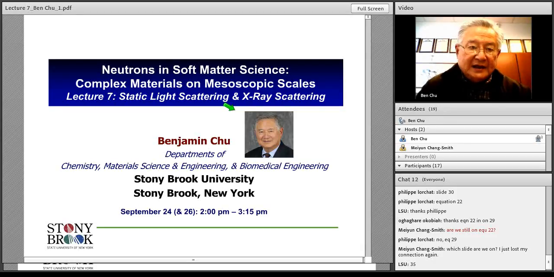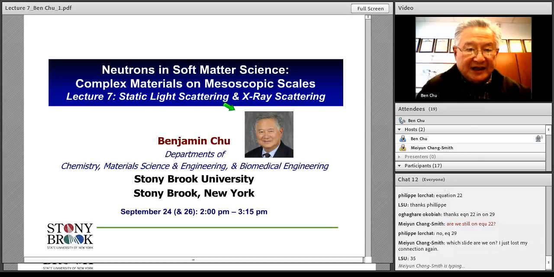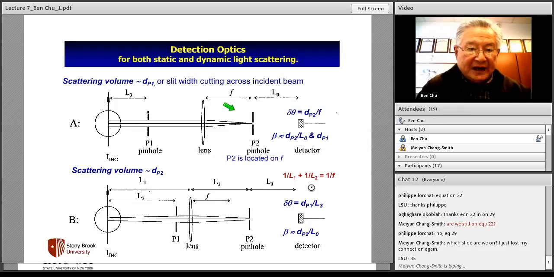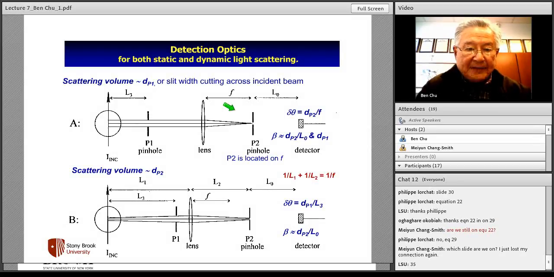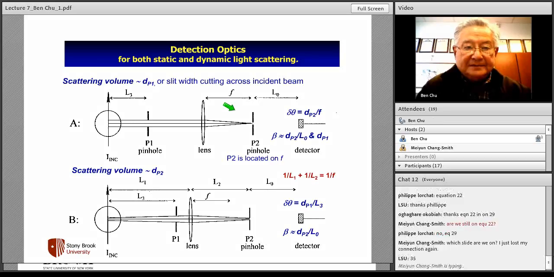Now, what in this case determines the scattering volume with this optics? Well, the scattering volume is determined by pinhole P1. That's the diameter, or if you use a slit, the slit width cuts across and gives you the scattering volume. So the scattering volume is defined by P1.